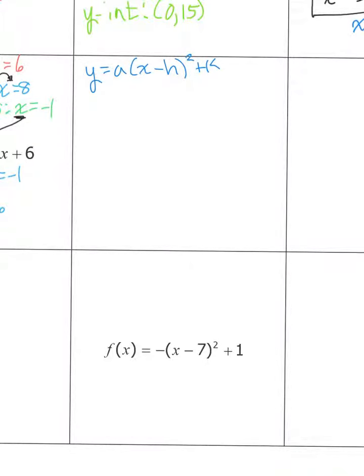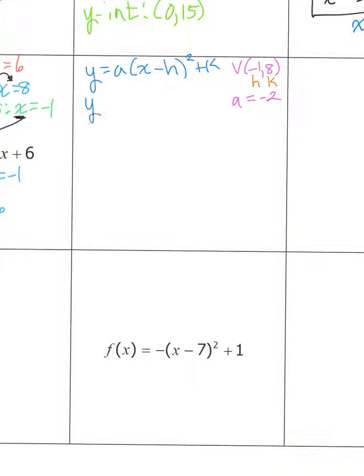So my vertex is (-1, 8), which means that this is my h and this is my k. And then my a, from what we did before, my a is equal to -2. So we have everything we need to plug in.